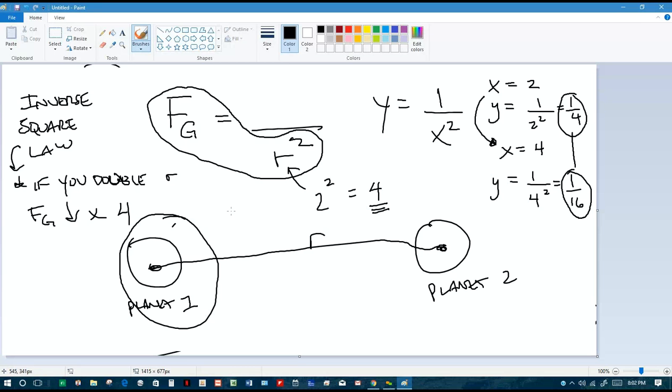Would there be more gravity between those 2 planets or less gravity because there's now a larger, more massive planet involved? More gravity. More gravity, which places the mass in the numerator or the denominator? Numerator. Yep. So it's the mass of planet 1 times the mass of planet 2, times a constant, which would be the universal gravity constant, right?